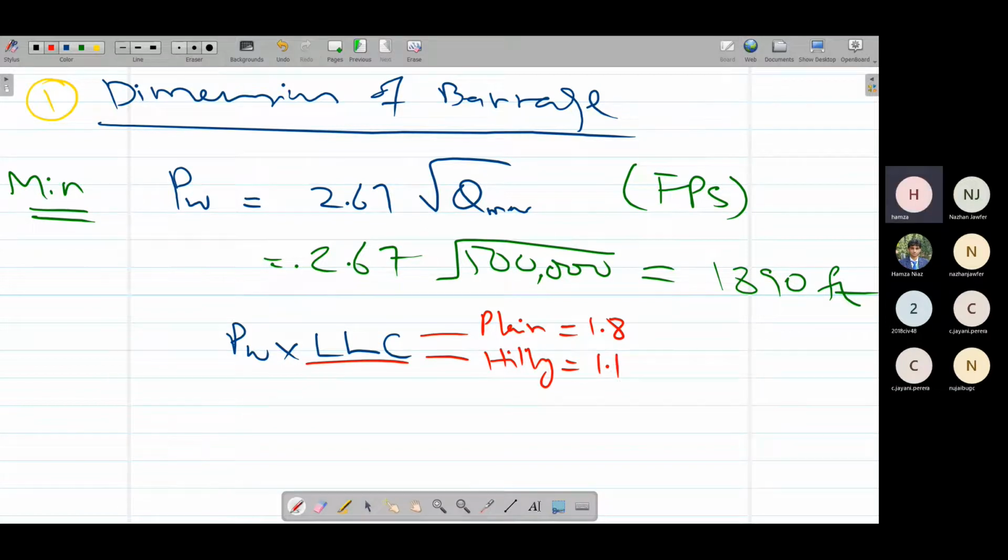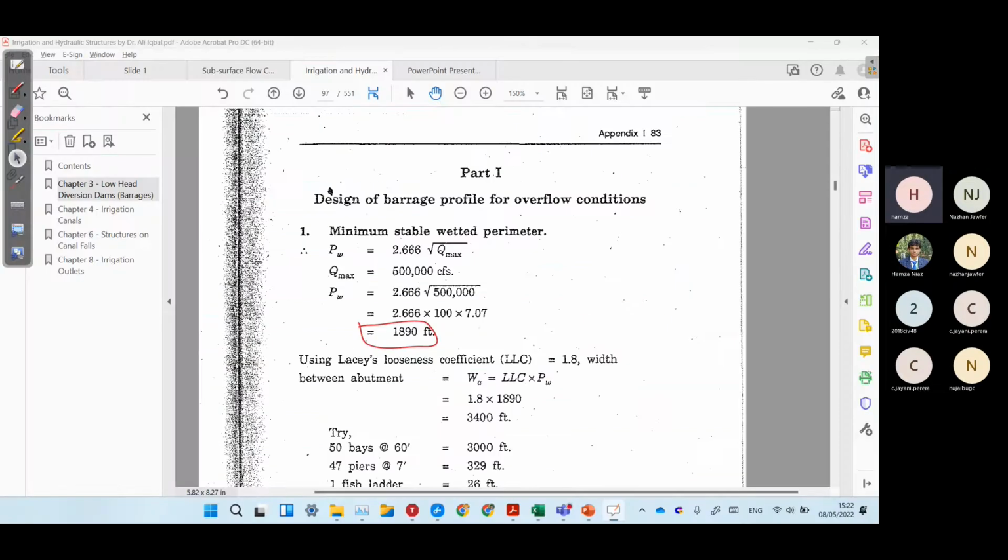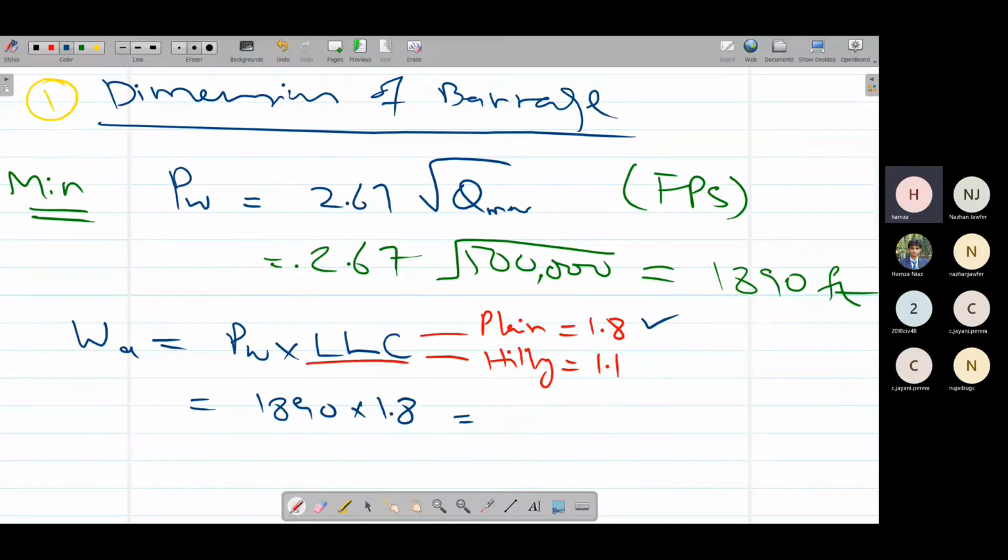So depending on the type of topography given in the question, where we are constructing the barrage, we use this coefficient correspondingly. So our width of barrage or width between abutments would be 1890 times 1.8. We are considering it as a plain area. So if you multiply this, we'll get 3,400 feet.